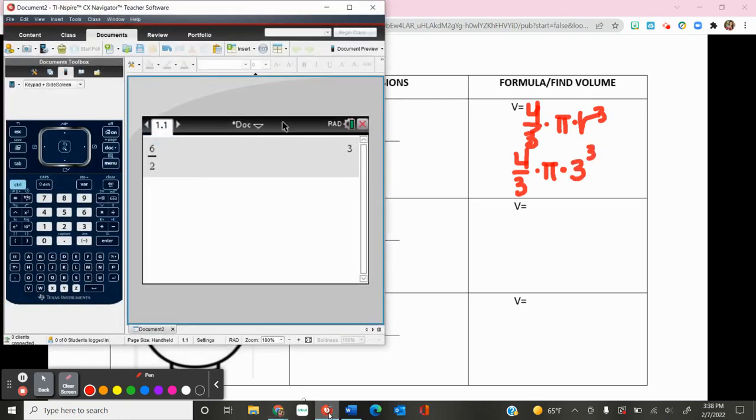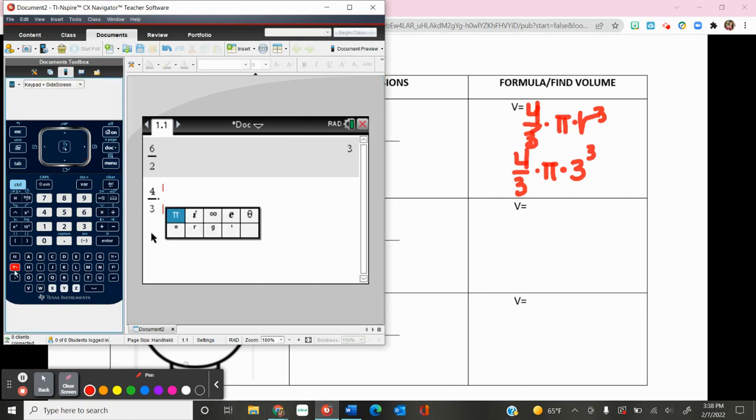So now open your calculator. We're going to type Control Divide, 4 on top, 3 on the bottom. Step out of your fraction, multiply that by pi, multiply that by 3 cubed. Now to get cubed, you're going to have to hit the caret top, which is right next to x squared, and you're going to put an exponent of 3.